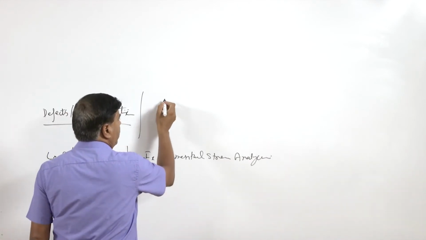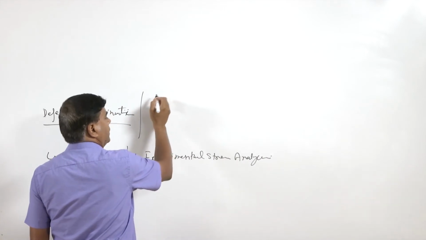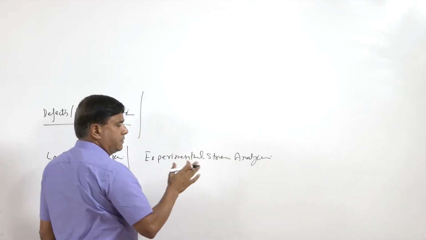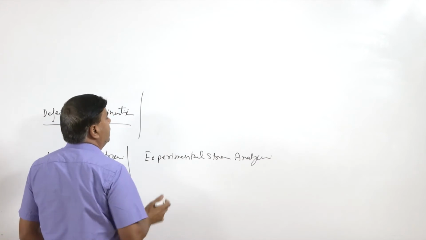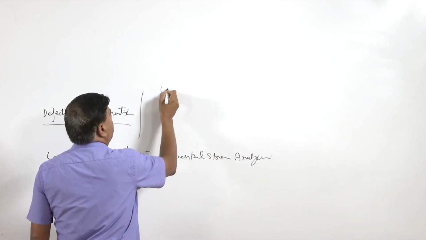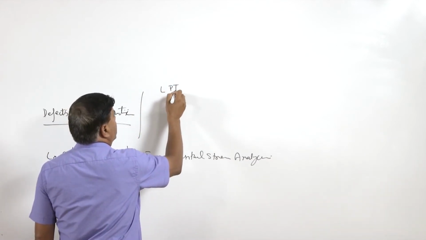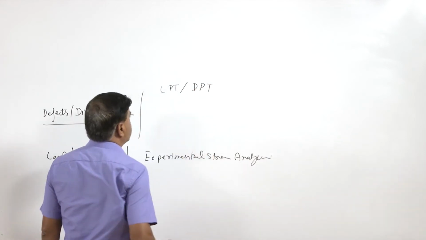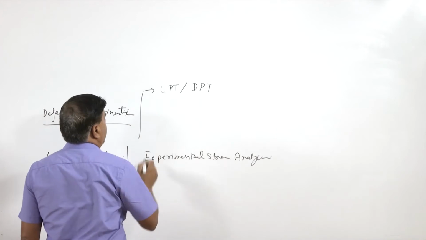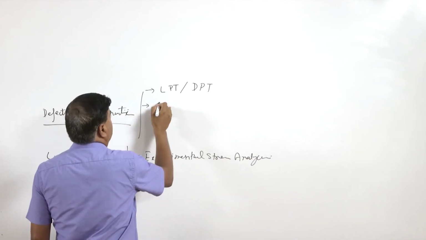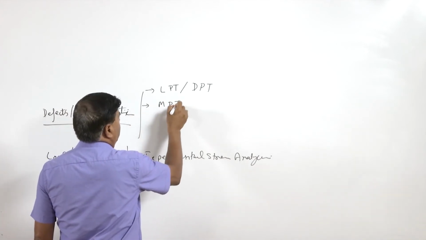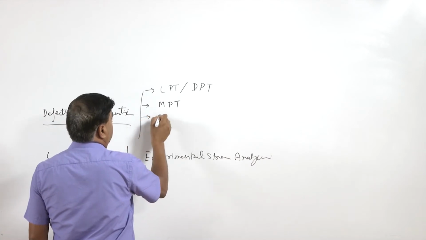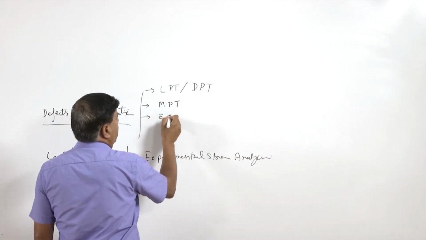There are 4 or 5 common methods of establishing the discontinuities and defects in the failed component. Liquid penetrant test, also known as DPT, dye penetrant test, is one. Second is the magnetic particle test. Third is eddy current test.